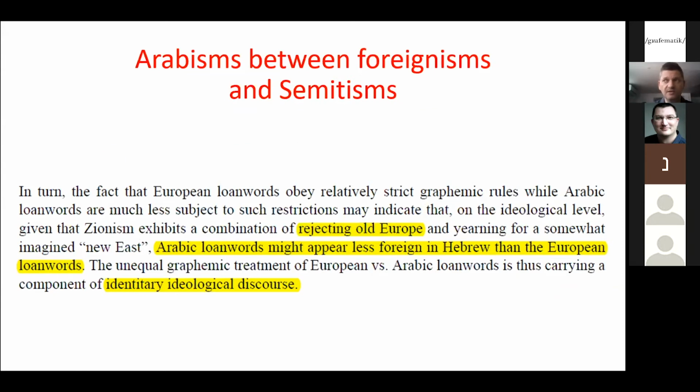So Arabic loanwords in Hebrew are welcome, and they keep an orthography which is Semitic-like Hebrew. So by rejecting Europe, I'm yearning for the Near East, as the idea of Zionism would like it. Spelling reflects those ideological and identitary tendencies.